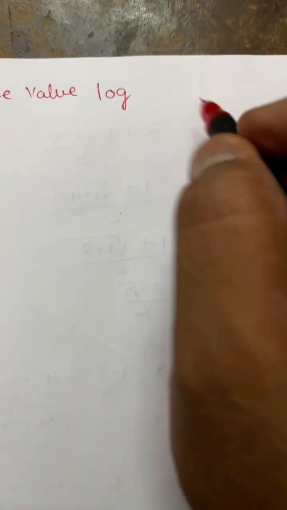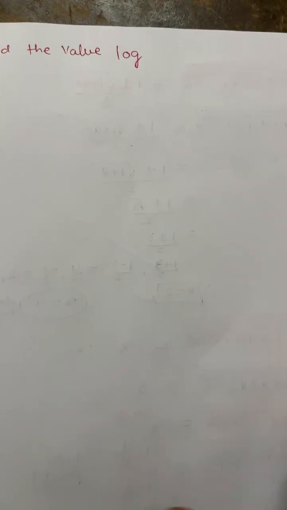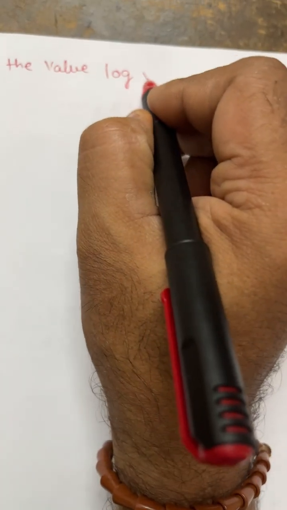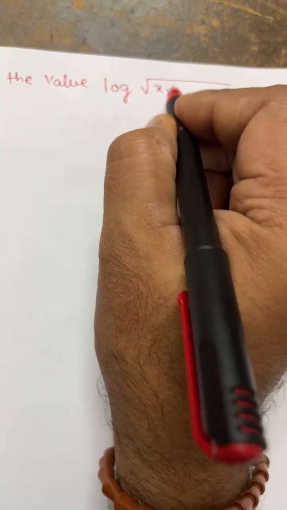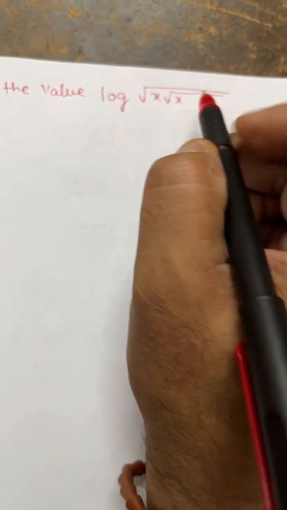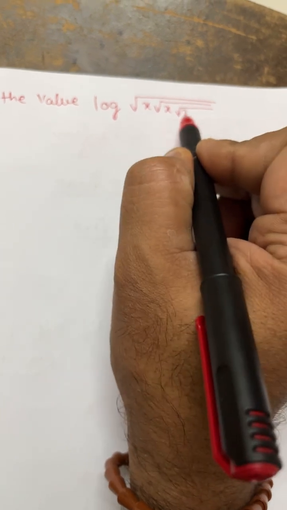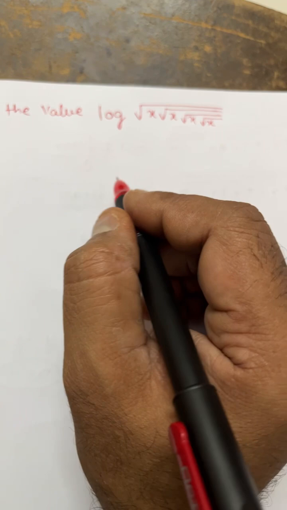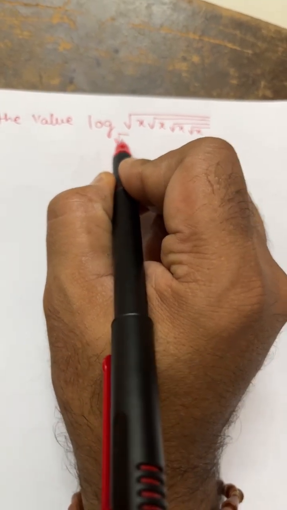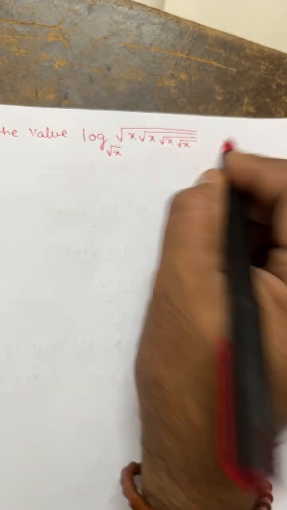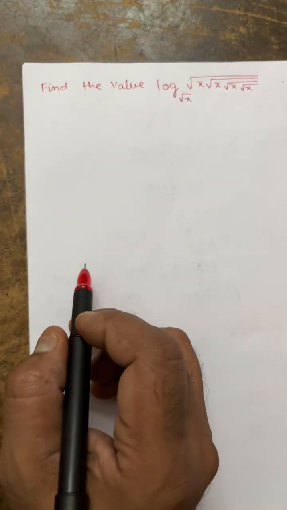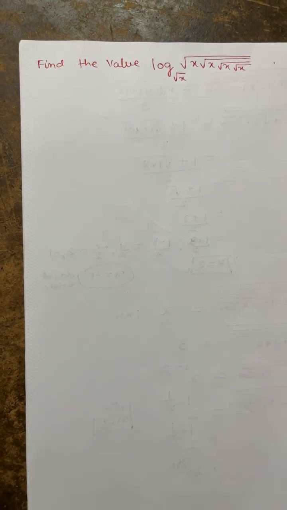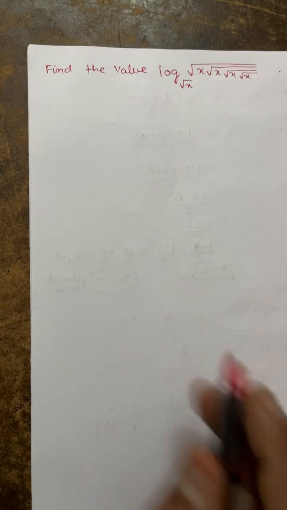It is not only an algebraic but also a logarithms question, dear students. Root over x, root over x, root over x, root over x, 4 times is there. How to do that? Find the value of log.